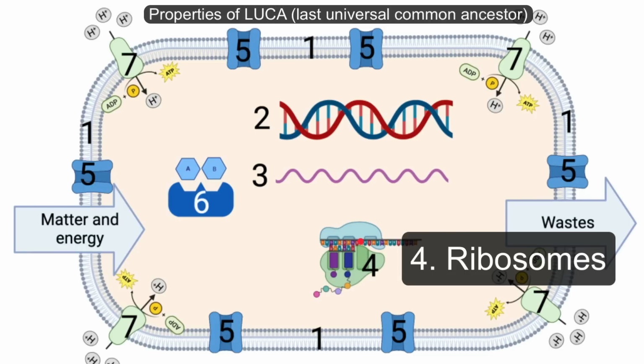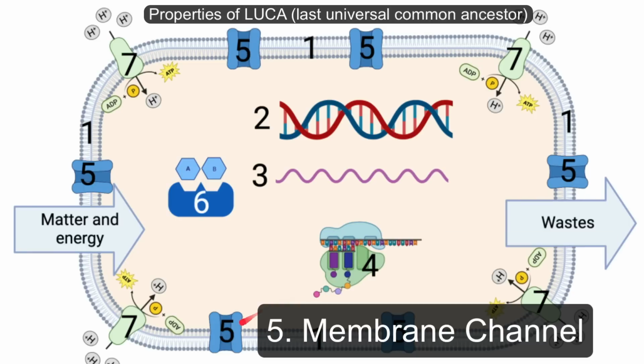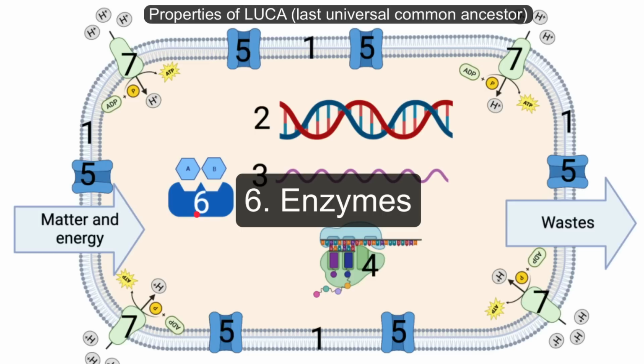At 4, we have ribosomes, which are translating messenger RNA into protein. At 5, we have a membrane channel that's allowing matter and energy to flow in and waste to flow out. At 6, we have complex proteins that are acting as enzymes, which are combining monomers into polymers through dehydration synthesis and then pulling apart those polymers through hydrolysis.